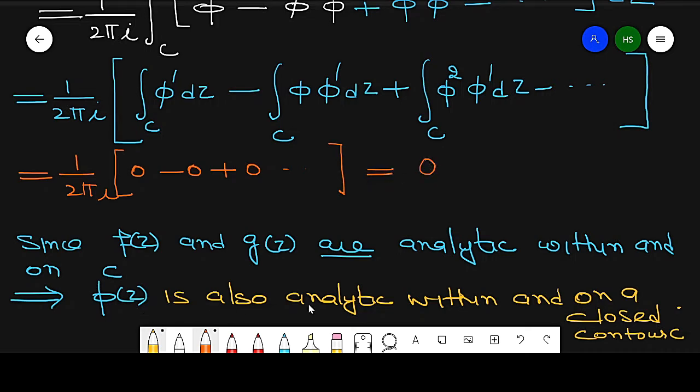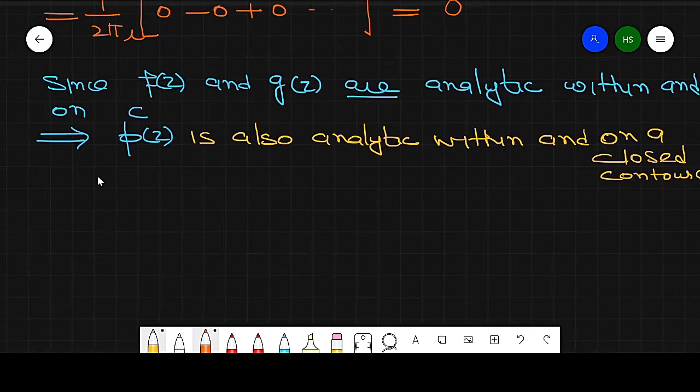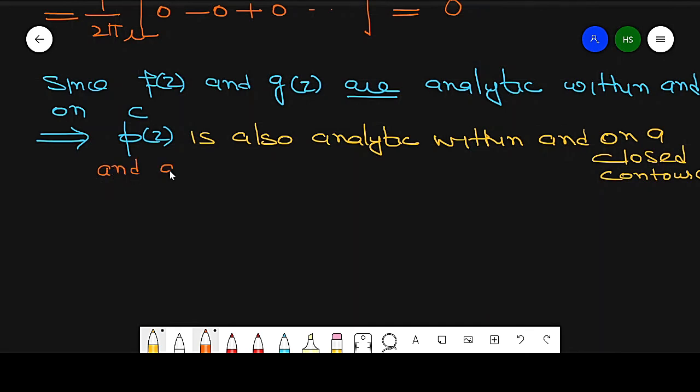Now phi z and all its derivatives are analytic within and on a simple closed contour.